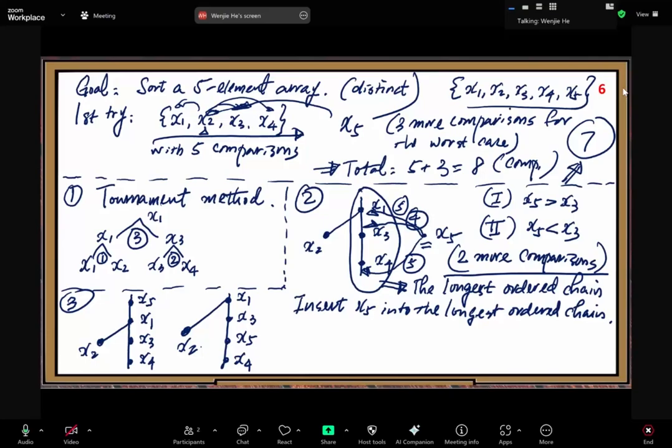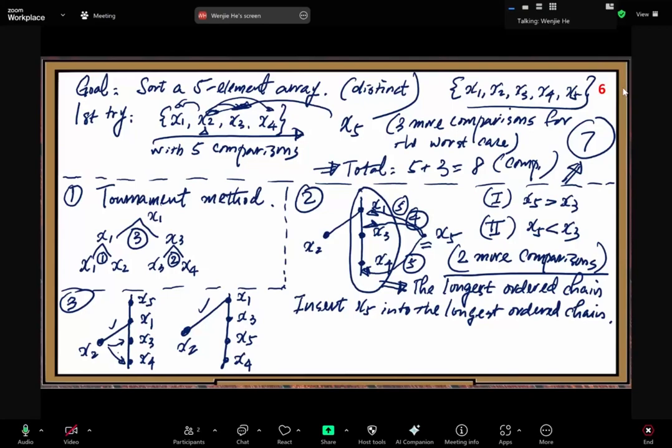That's the starting point of our round 3 comparisons. Now we need to insert x2 into the current longest ordered chain, and this edge is useful. For this case, you only need to compare x2 with x3 and x4.